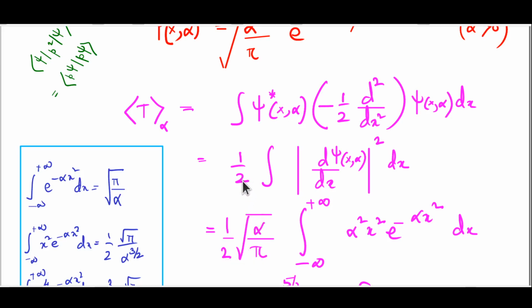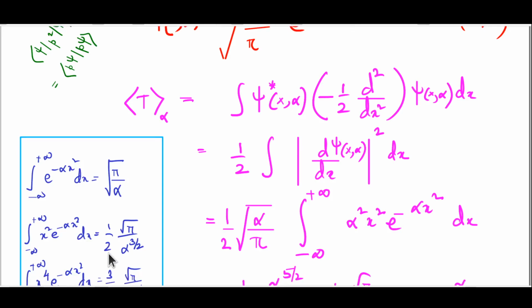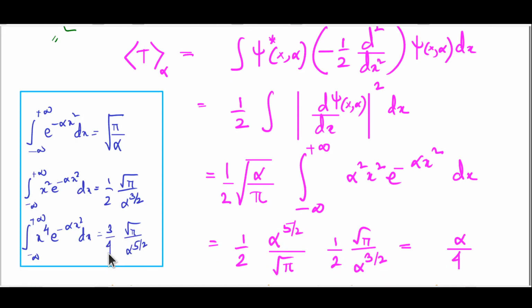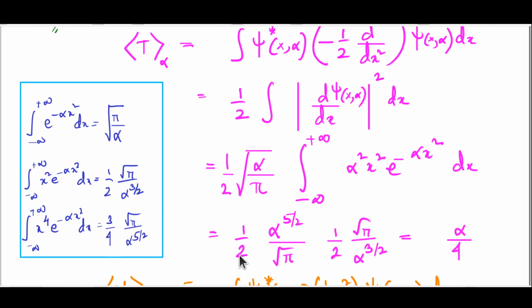The half is of course this half. So we just use the value for x square e to the minus alpha x square that we had just calculated, plug it in, and it's a matter of very simple algebra to find out that the result is going to be alpha by 4.